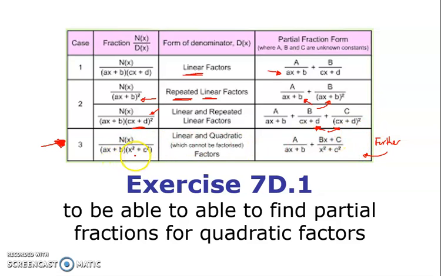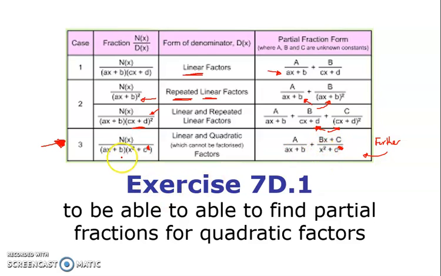And it's what happens when we get a squared thing on the bottom. I don't particularly know why it says x squared plus. I would just think of that as x squared plus c on the bottom. And when you have x squared plus c on the bottom, or it could be something a bit more complicated, I suppose, but let's assume it's x squared plus c, the power on the top is always got to be one less than the power below it.